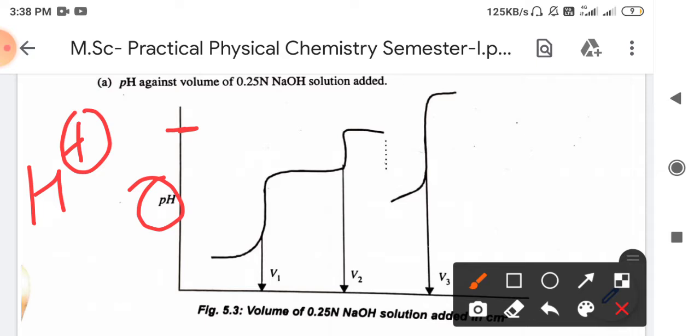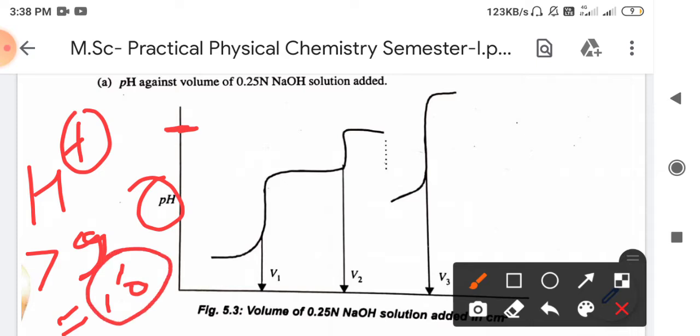But once the pH has reached greater than 9, say around 10, the pH electrode won't show you the exact result. There is quite a fluctuation in the given solution.